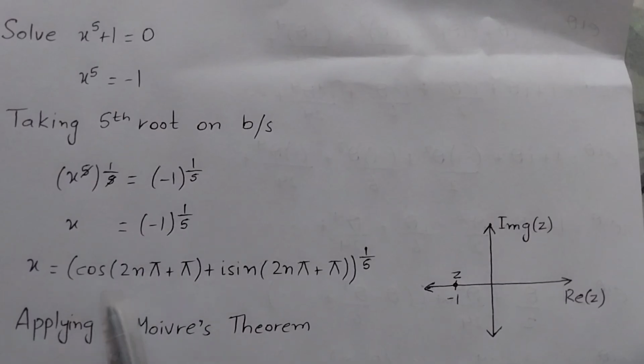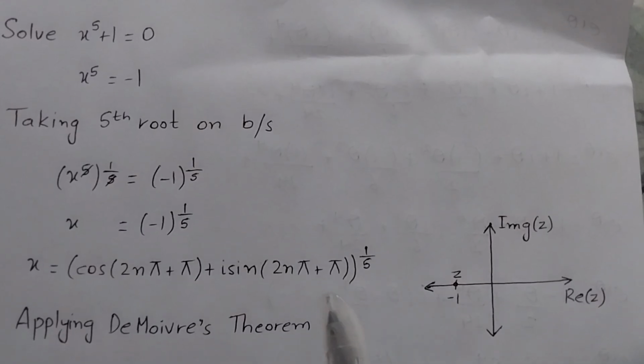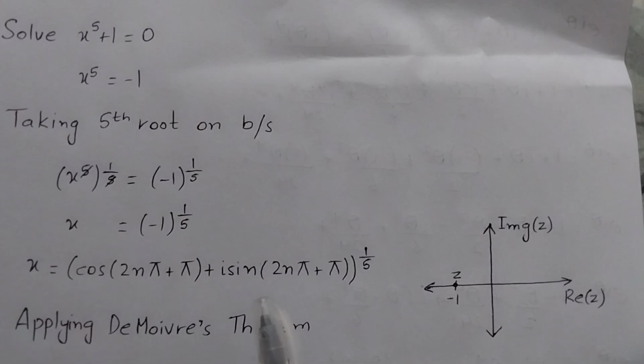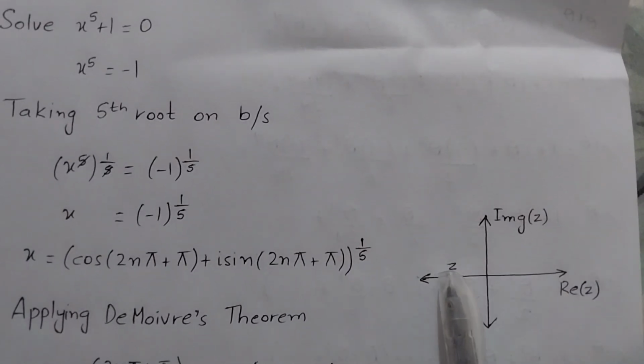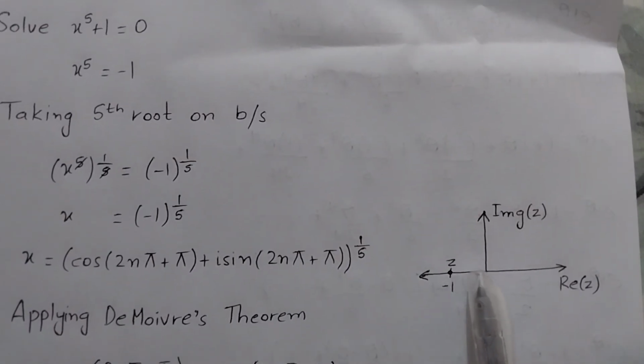But we can't really write cosine of pi, because cosine can have the value of -1 at multiple angles, not just pi, but pi plus any multiple of 2 pi, because cosine is periodic and its value repeats after every 2 pi radians. So this angle is pi, 180 degrees.